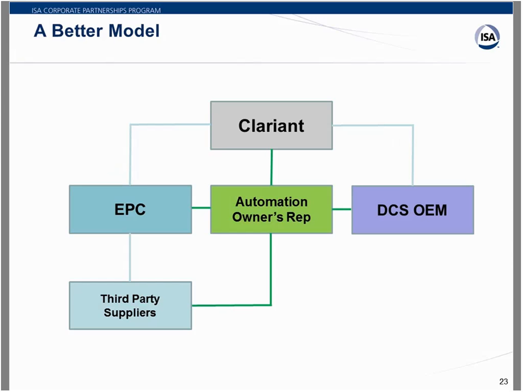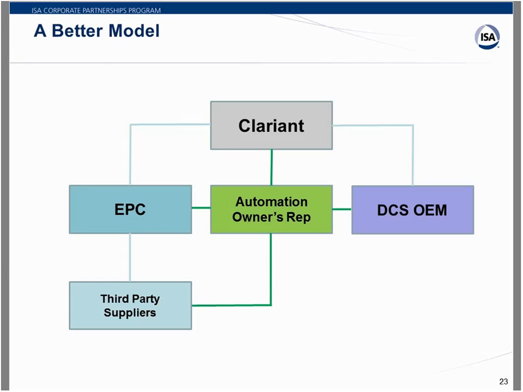So this is what was changed then, adding the automation owner's rep. You'll notice, first of all, this looks different than what Hunter was showing and what I showed earlier as the better model. The reason is there's no one single way to do this. Each project is different, and it requires different solutions depending on the situation.